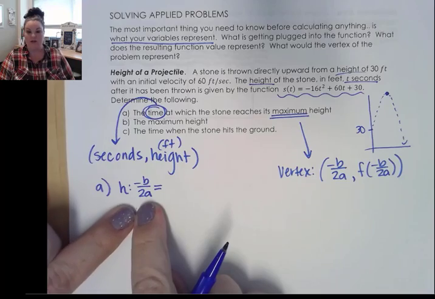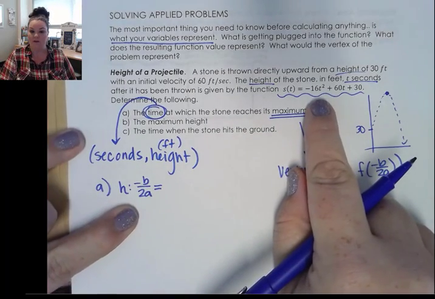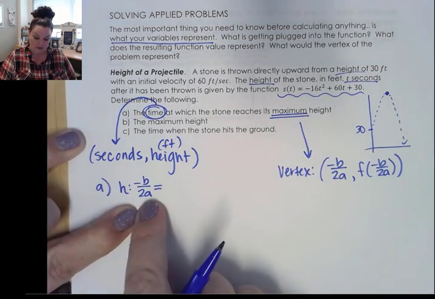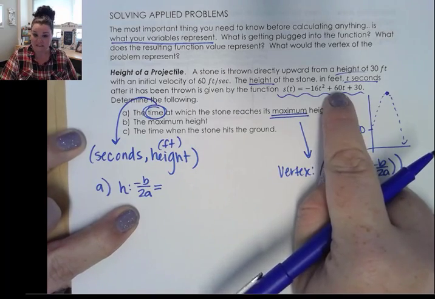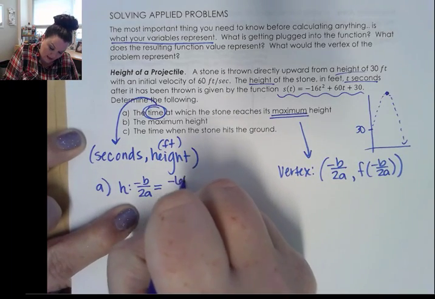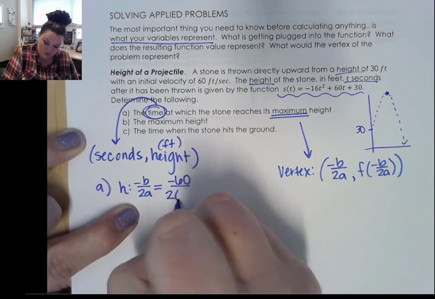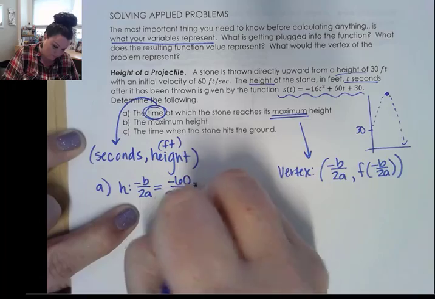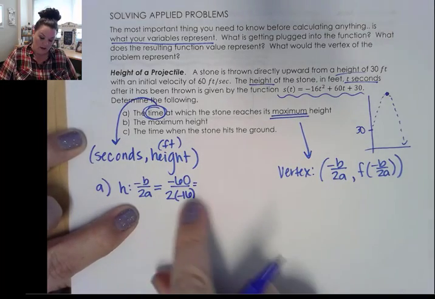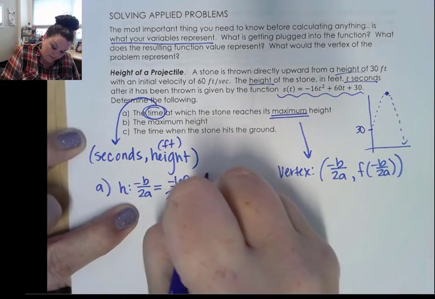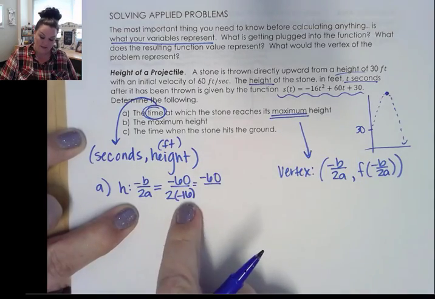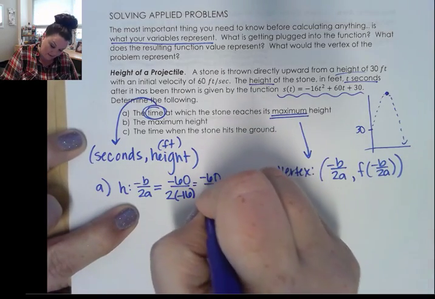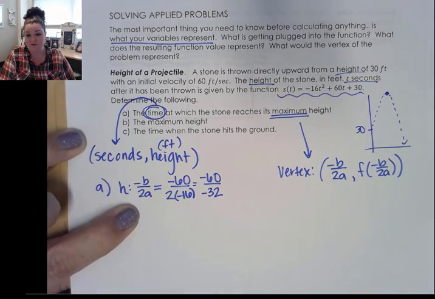So let's go ahead and plug in our values with this function. Negative b, my b is 60, so negative b would be negative 60 all over 2 times a, which here is negative 16. Negative 60 does not simplify to anything. 2 times negative 16 is negative 32, and this does not reduce nicely.